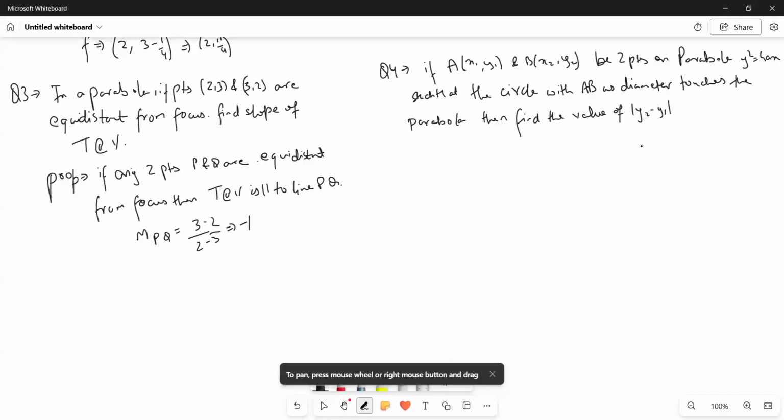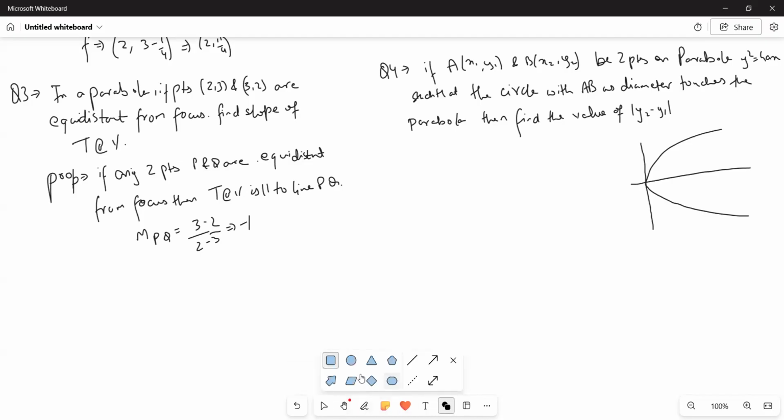So we have any two points on the parabola and the circle with AB as a diameter touches the parabola. So y square equal to 4ax. We have this, and then there is a circle, something like this, let's suppose.